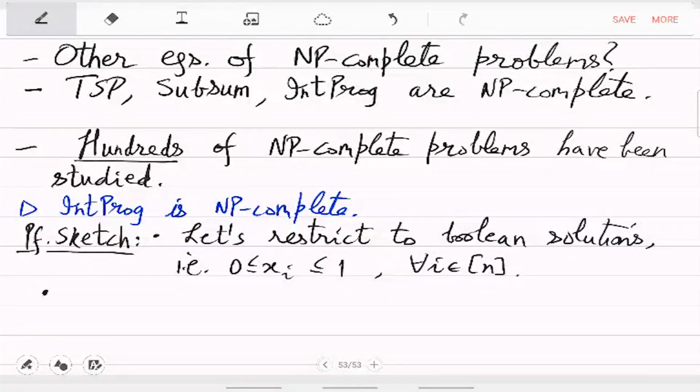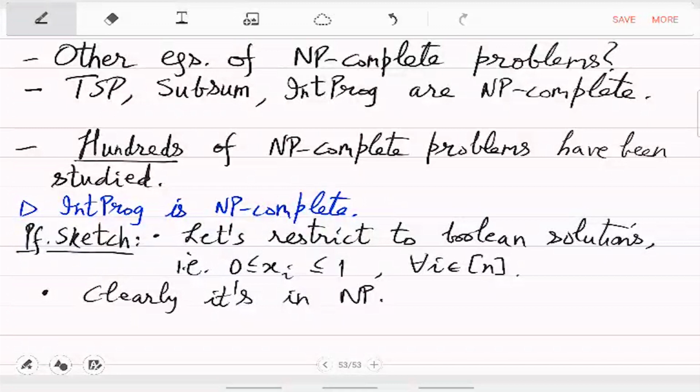So if you restrict to just 0, 1 solutions by introducing these inequalities, it's clear that it will be in NP, because if there is a Boolean solution, somebody gives it to you, you can verify it.